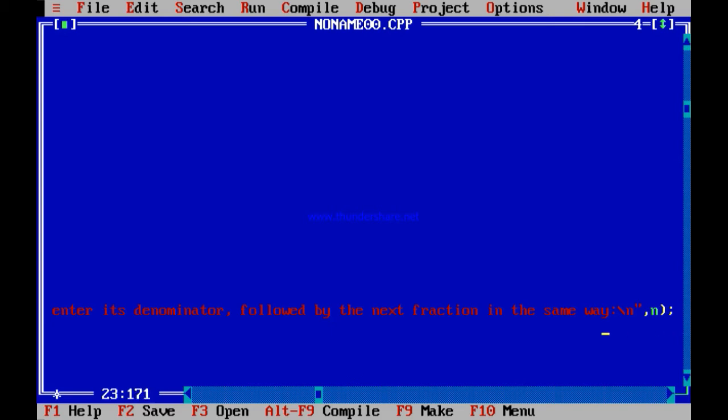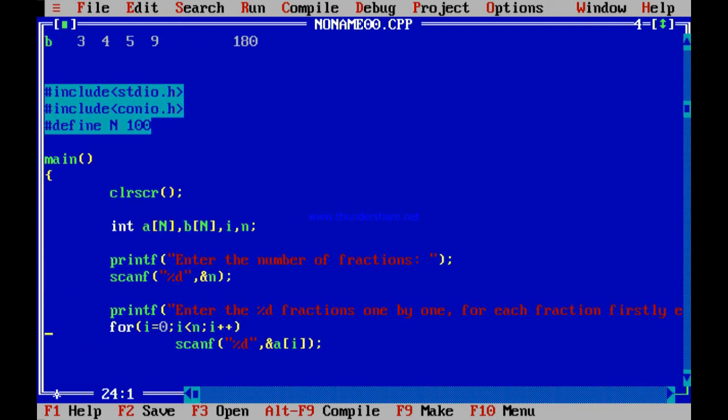So now, once this has been told to the user, remember the user will keep on entering the numerator followed by the denominator. So I will have to scan. How to scan? The user will actually enter 2n integers, because for n fractions there is one numerator and one denominator each. So firstly you scan A0, which means you scan the first numerator.